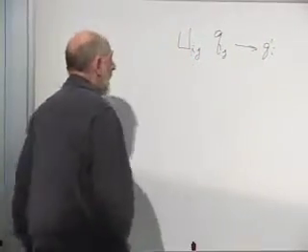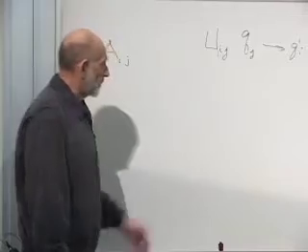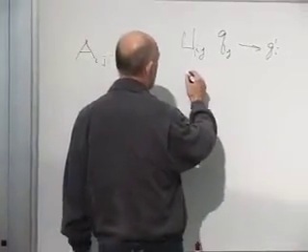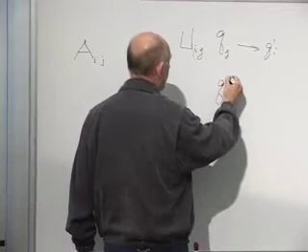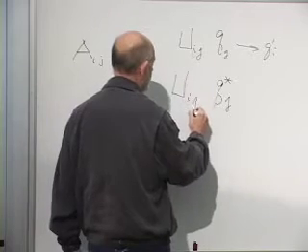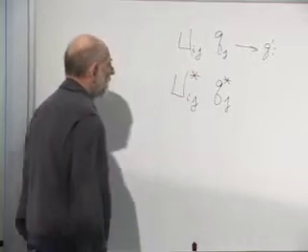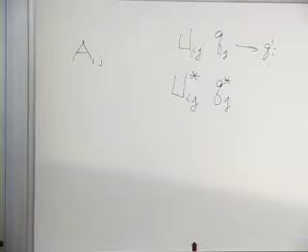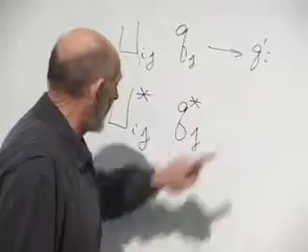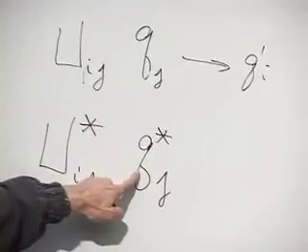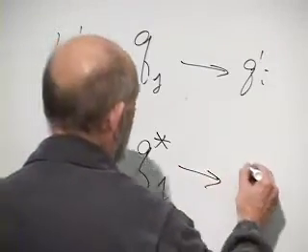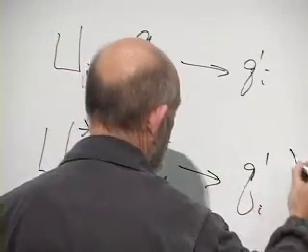So we could ask, how do antiparticles transform? Well, we simply realize that if you want to transform the complex conjugate field, you should use the complex conjugate matrix. If you multiply Q by U to get Q prime, then you must multiply Q star by U star to get Q prime star.